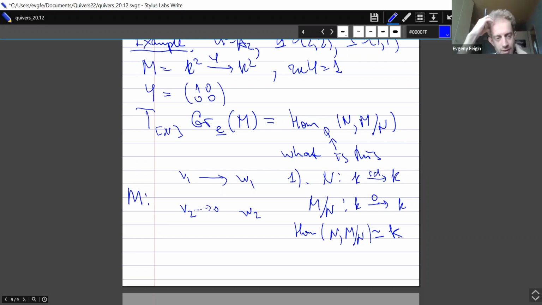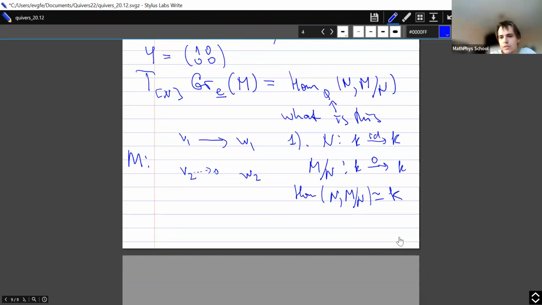Right. And I guess that in the second case the answer is the same, because we have to permute N and M modulo N. And the second case for N is what? N is when we have K to K with the 0 map, and the quotient is K to K with the identity map. Then we have the Hom of the same spaces, but in different direction.